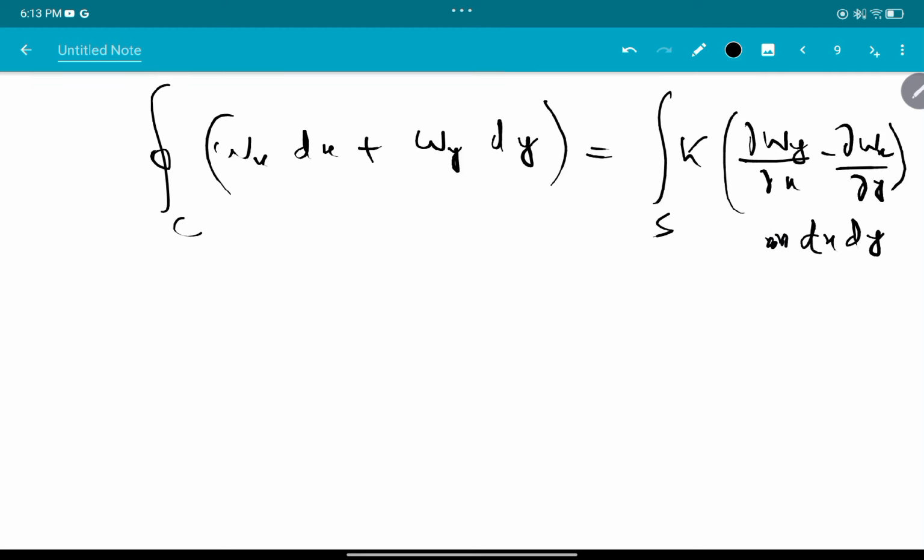Area has a direction that is normal to the plane, the unit normal n. k is also normal to the plane. It is in the z direction, our plane is in the xy direction. So this is normal to the plane, and this is normal to the plane.